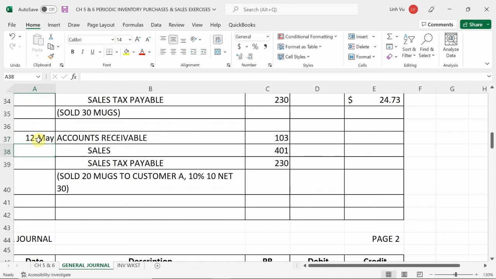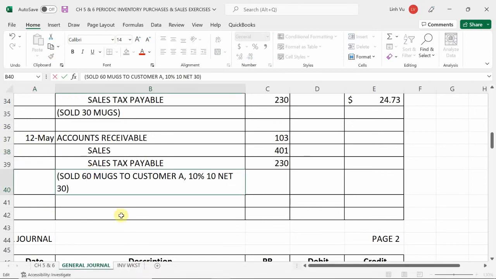We gave every customer the same terms of a 10% discount if they pay within 10 days. If not, they have to pay in full in 30 days.